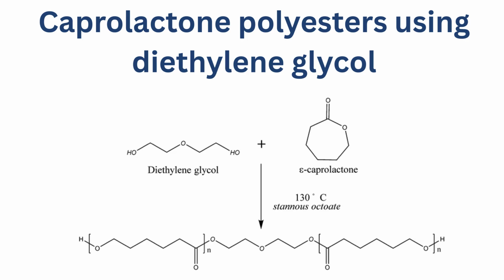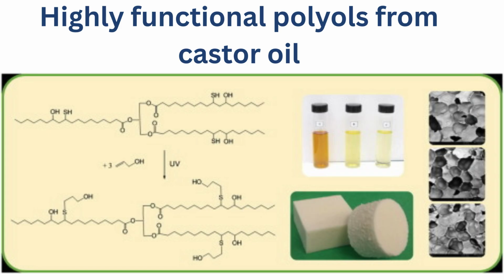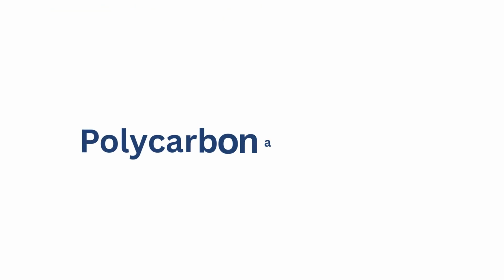Caprolactone polyesters are prepared by ring-opening polymerization of caprolactone monomer with a glycol such as diethylene glycol or ethylene glycol. Caprolactone polyols are used in those applications where better hydrolytic stability is important. Castor oil is a polyester-based polyol with good hydrolytic stability. Castor oil-based polyurethanes are frequently used in the production of casting compounds.